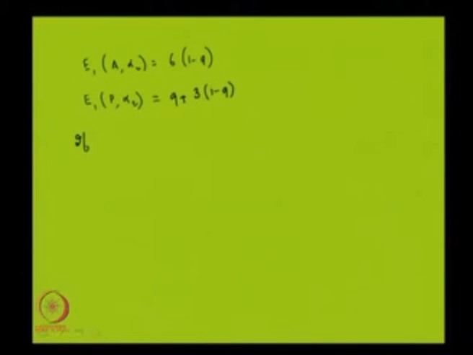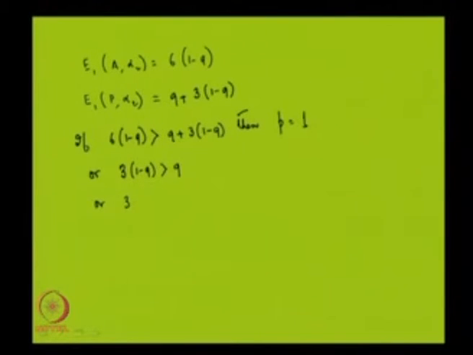So if P is equal to 1, now we can derive this as 3(1 minus Q) is greater than Q, or 3 minus 3Q is greater than Q, or 3 is greater than 4Q, or Q is less than 3 by 4.